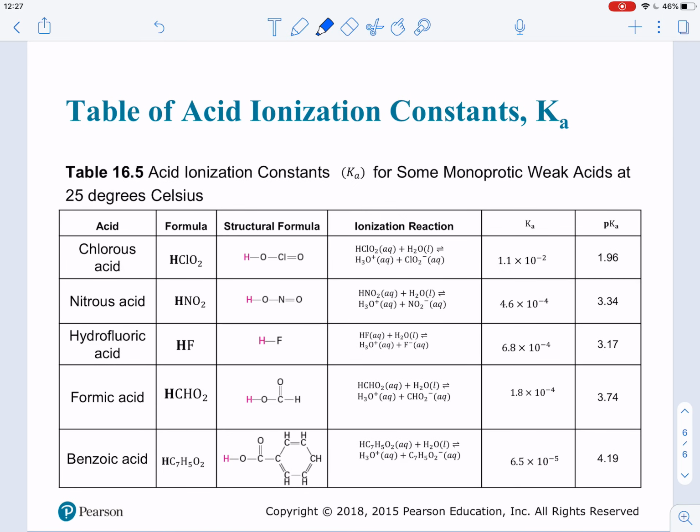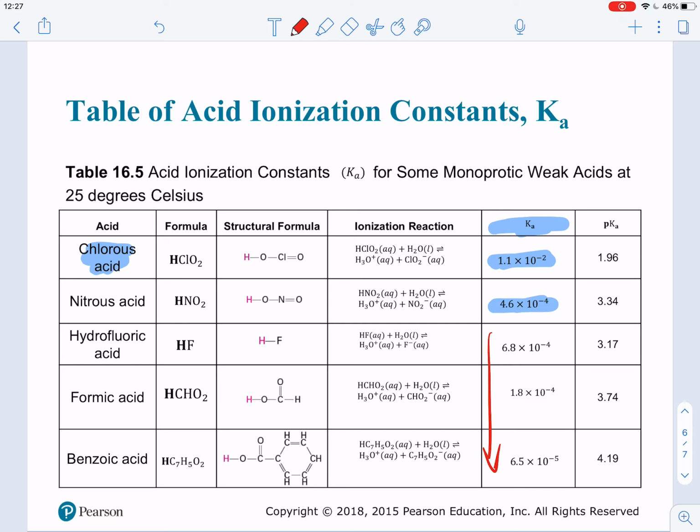Here we have a table with several Ka values. Do you need to memorize these? Absolutely not. The point that I want you to observe here is that we start with the chlorous acid, and let's look at the values of Ka. So for that one, 1.1 times 10 to the negative 2, smaller than 1, weak acid. Then 4.6 times 10 to the negative 4, and then we keep going down.